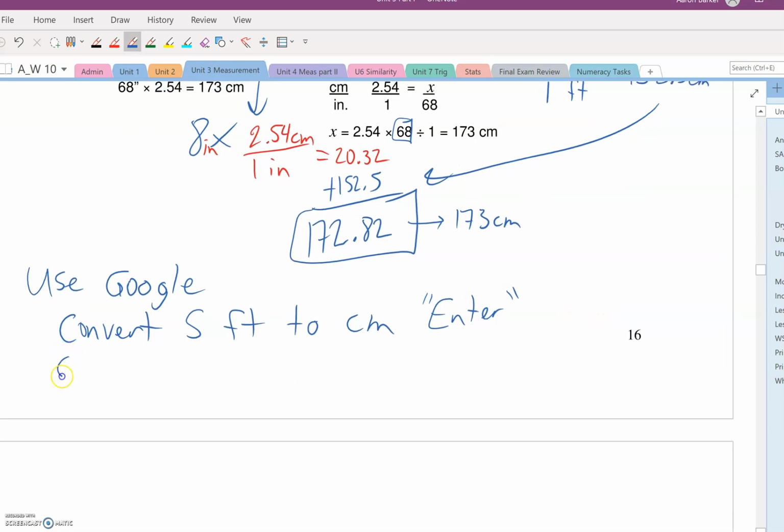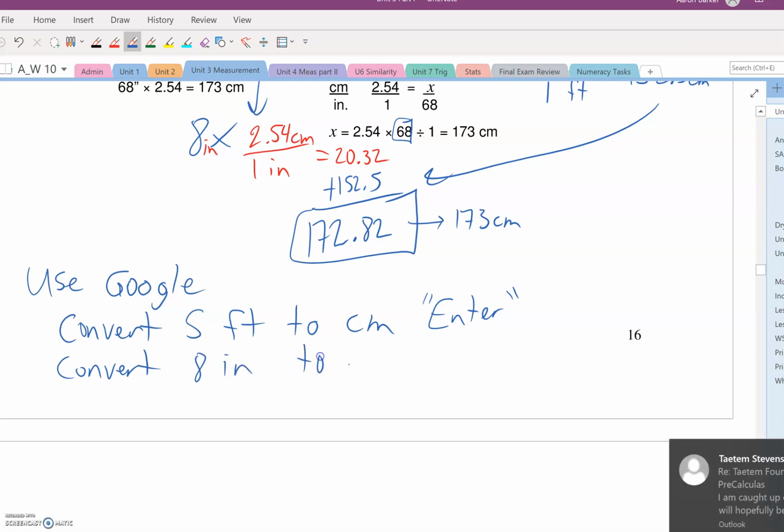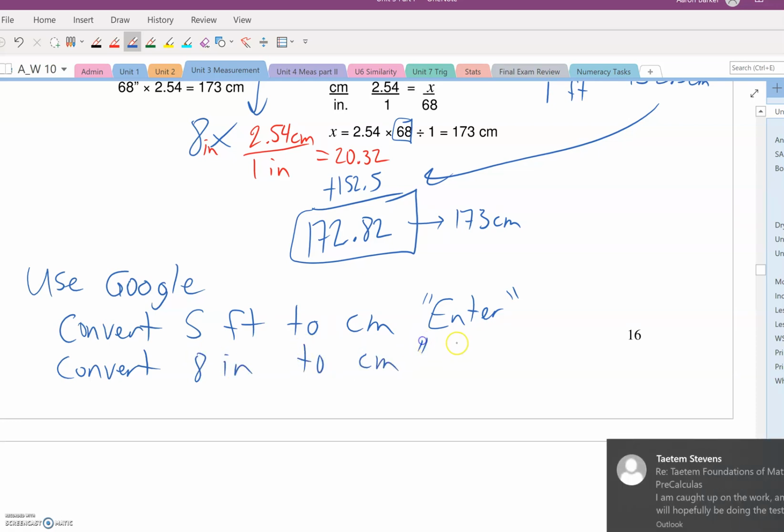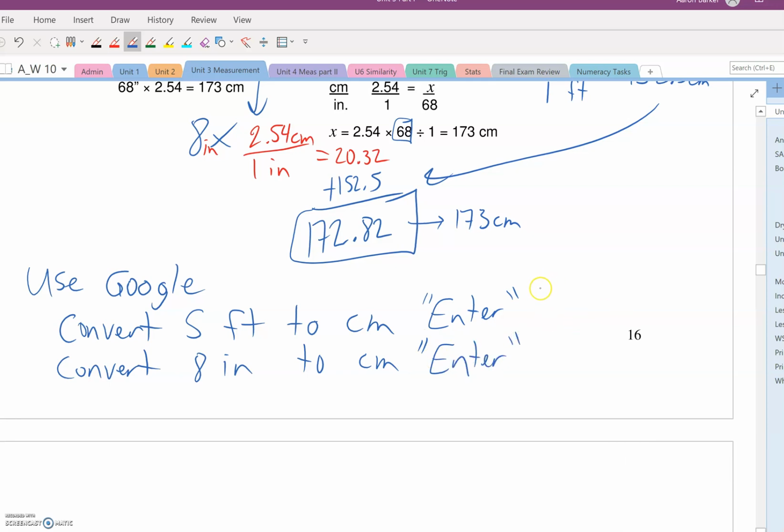Then you can go convert 8 inches to centimeters and press enter and you will get the answer. Then you would have to manually go and add, and so you can get your answer.